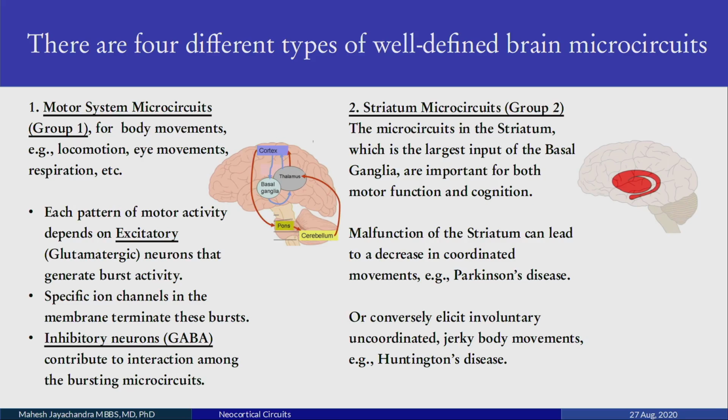There's start hesitancy, it's difficult for them to begin walking, and stop hesitancy, it's difficult for them to stop walking, and there are various motor problems. Their face has no expression, and so on. The converse is Huntington's disease, where you have involuntary, uncoordinated, jerky movements which are not under your control. Both these pathologies occur because of dysfunction in the striatum.